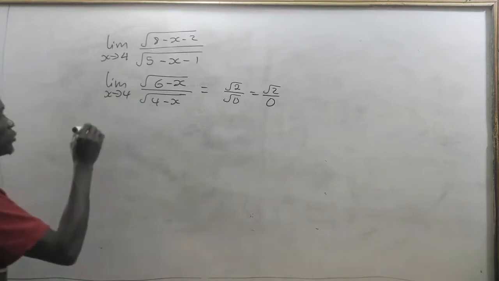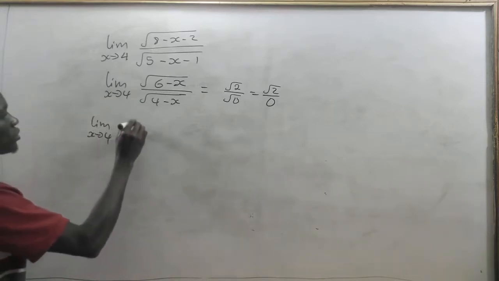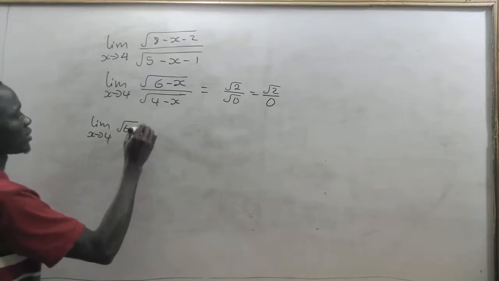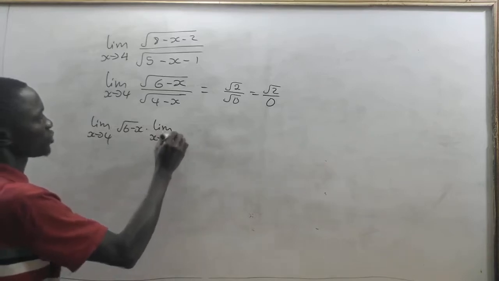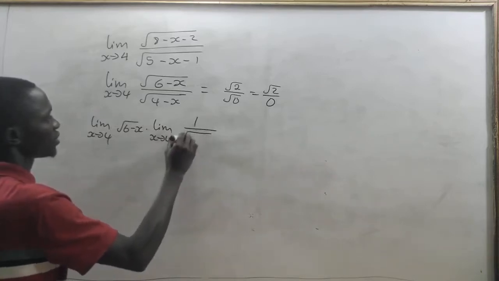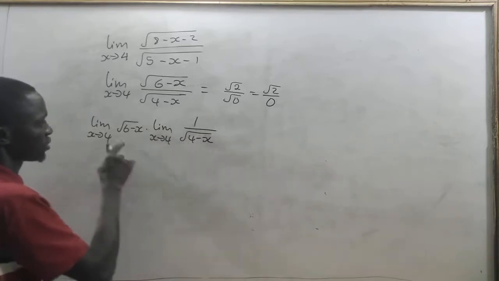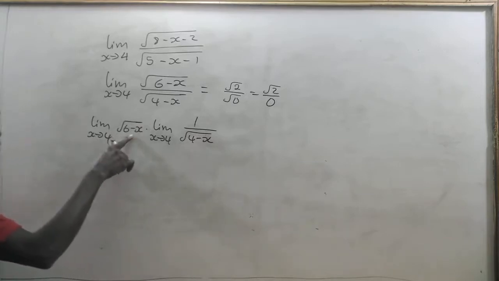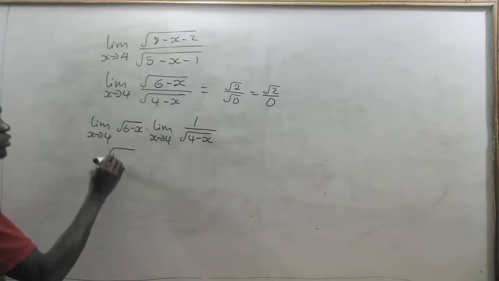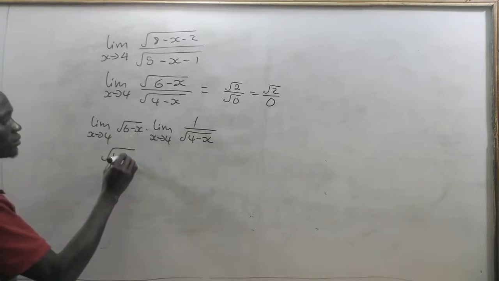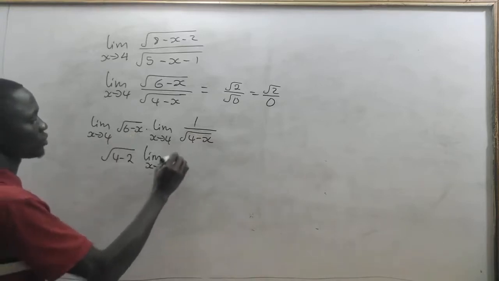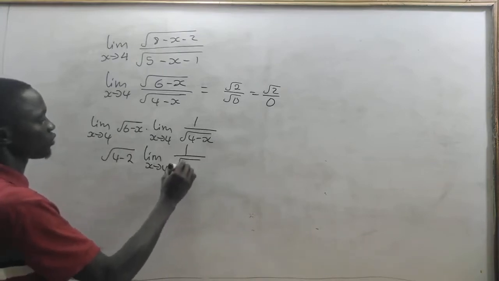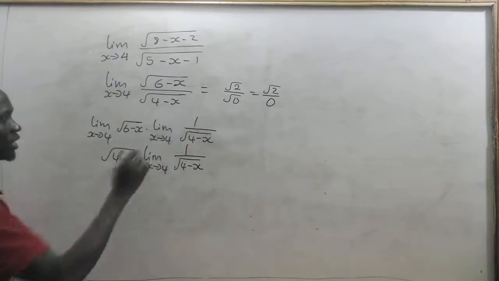So here we use the product rule, we take the limit as x approaches 4 of square root of 6 minus x times the limit as x approaches 4 of 1 divided by square root of 4 minus x. Then here, if we substitute x equal to 4, we have the square root of 6 minus 4 times the limit as x approaches 4 of 1 divided by square root of 4 minus x. And this will give us root 2.